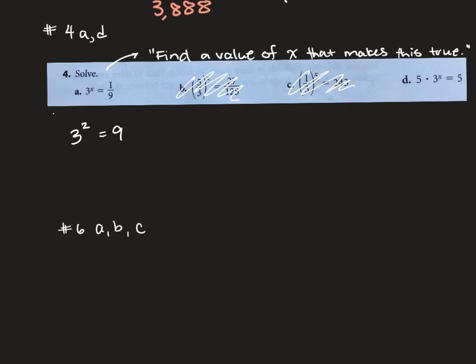We also know that to make this into a fraction, we need a negative power. So what if we just made that 3 to the negative 2? Well, that would be 1 over 3 squared, which is 1 over 9. So in this case, x is negative 2. That's what's going to work for us.